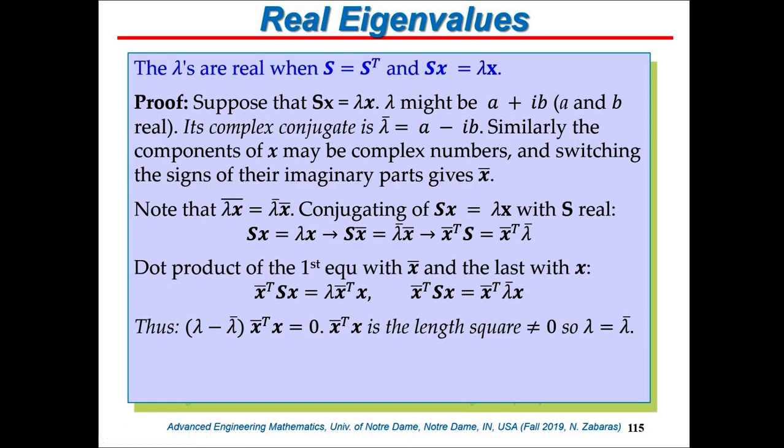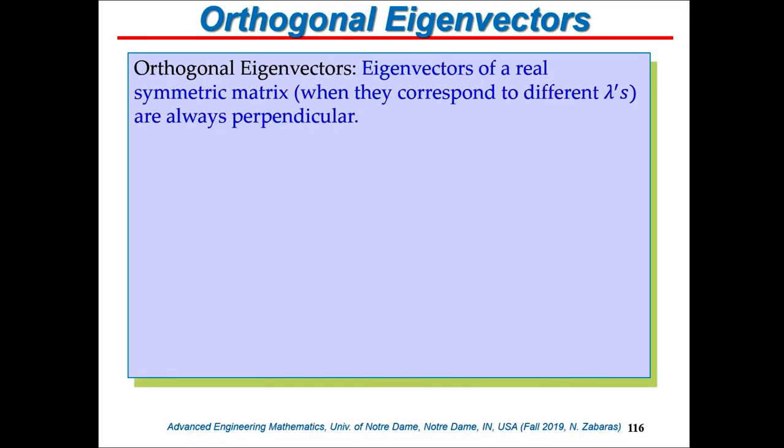Basically, we proved that the eigenvalues of a symmetric matrix have to be real. Now we can go one step further. If we have a symmetric matrix with real eigenvalues, we now have to prove that if we take two eigenvectors that correspond to different eigenvalues, these eigenvectors are orthogonal.